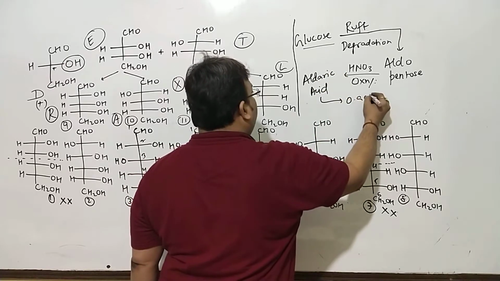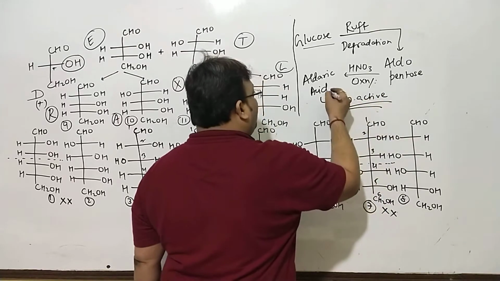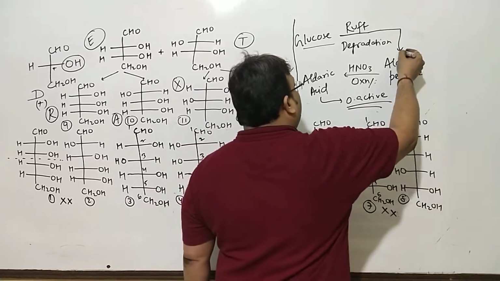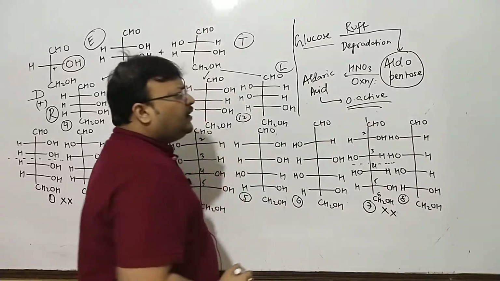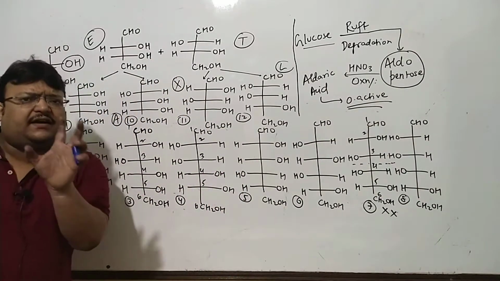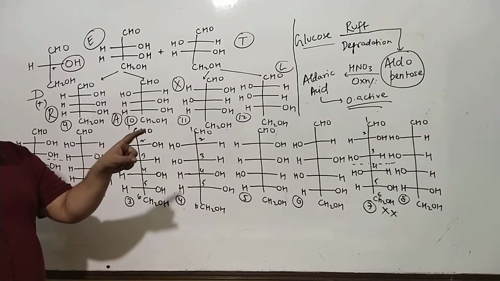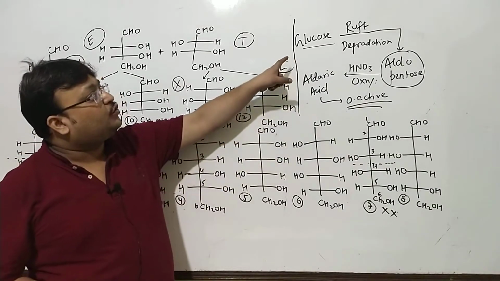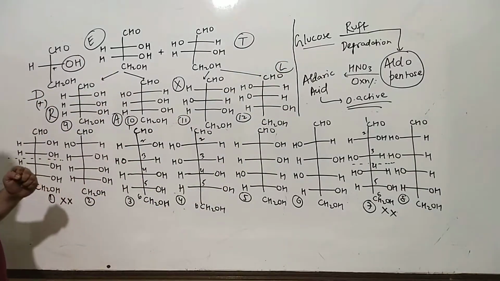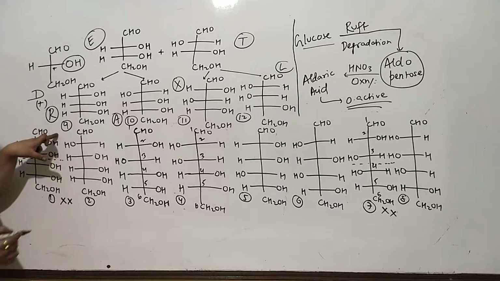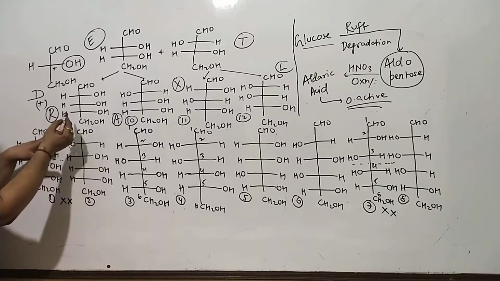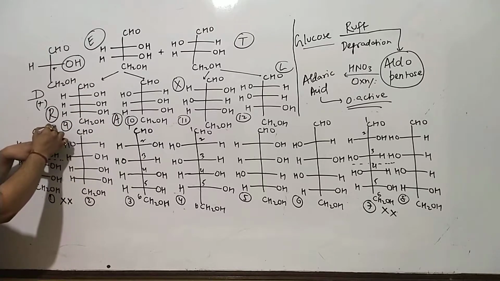And if this aldaric acid was optically active, then it cannot be 9. The aldopentose of glucose cannot be 9.